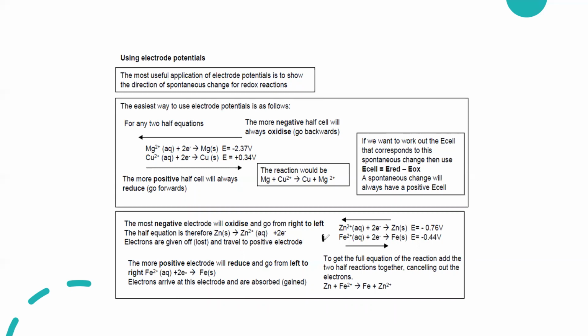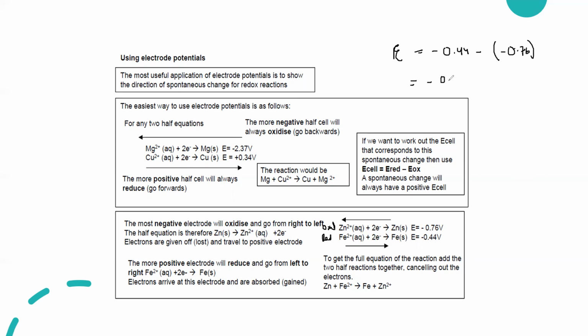The one which has the higher value, basically reduction happens. So for the other one, oxidation happens. So if we use a cell in which iron 2 ion is reduced, and zinc atom is oxidized by loss of electrons, what will be the cell voltage produced? It will be reduction minus oxidation. So reduction is minus 0.44, minus oxidation is minus 0.76.